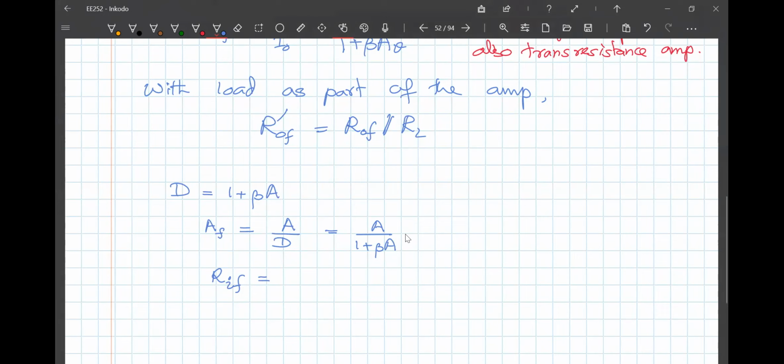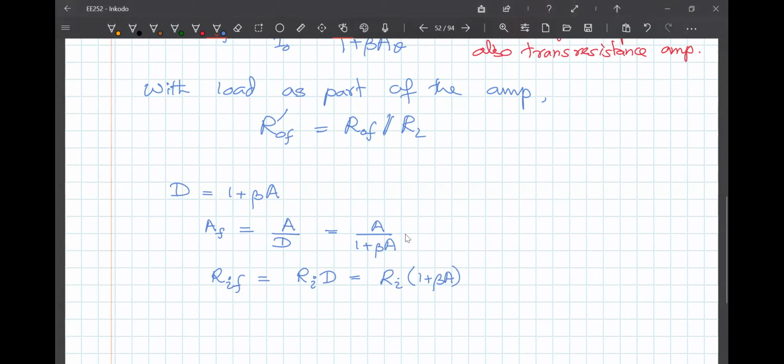For example, this will be equal to Ri, the original input impedance, times D. That means we are increasing the input impedance, which is equal to Ri times 1 plus beta A, for series comparison.